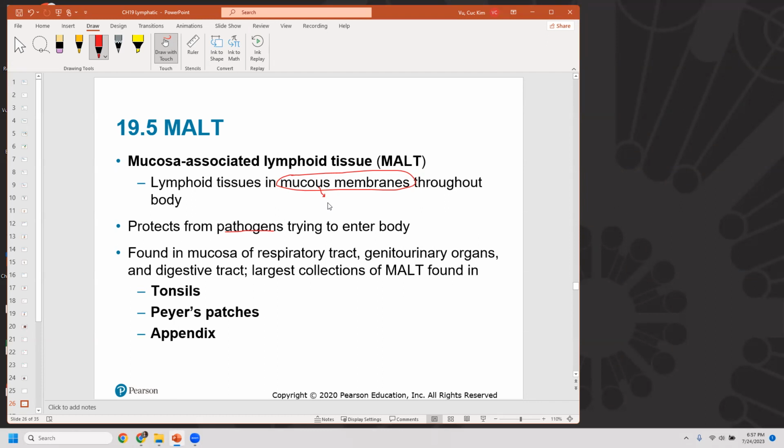your tonsils, particularly which tonsil? Which tonsils do they tend to remove if you have swelling in your throat due to infection, like strep throat?